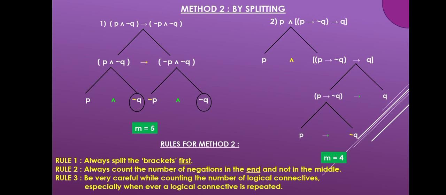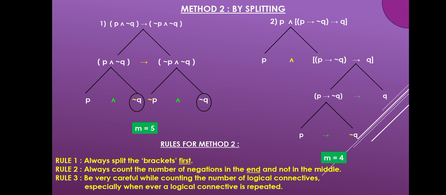Now, before counting this another and as one more logical connective, let's find out whether the statements connected by both the ands are identical or not. Observe that the first and has P as the first statement and not Q as the second statement, while the second and has not P as the first statement and not Q as the second.